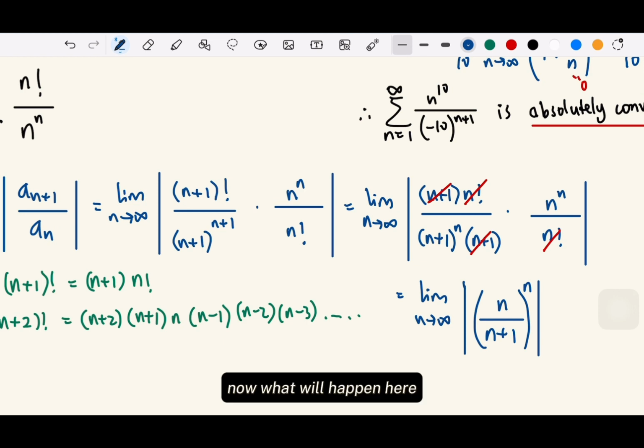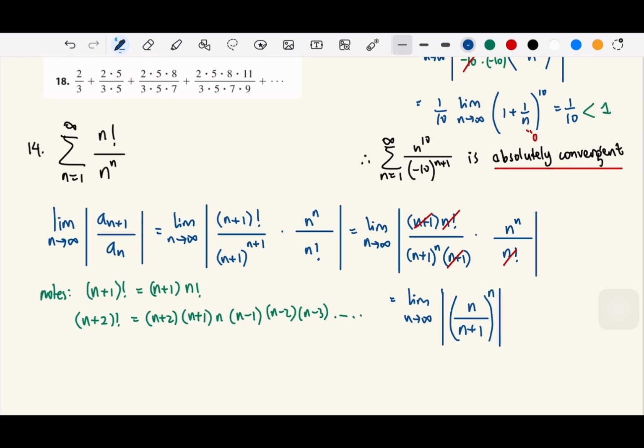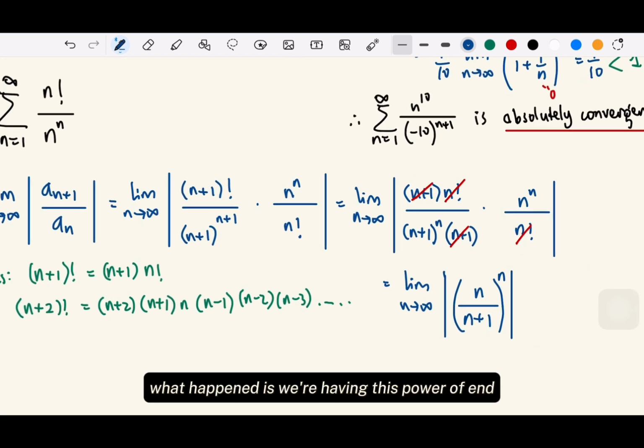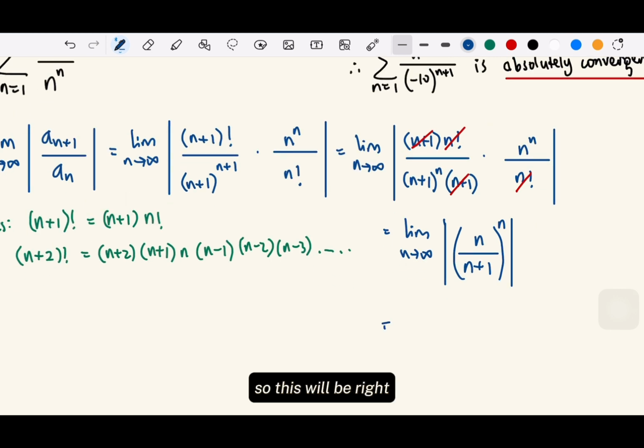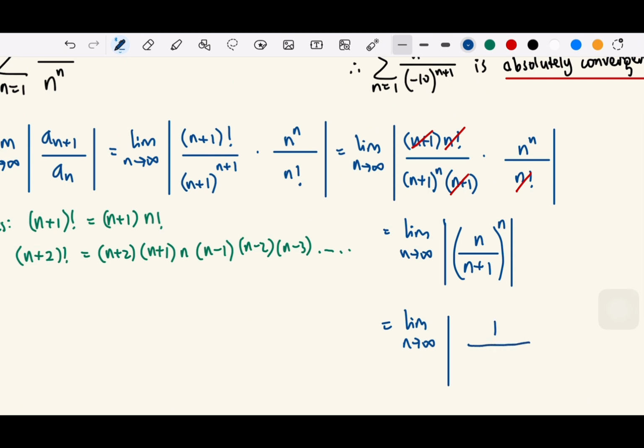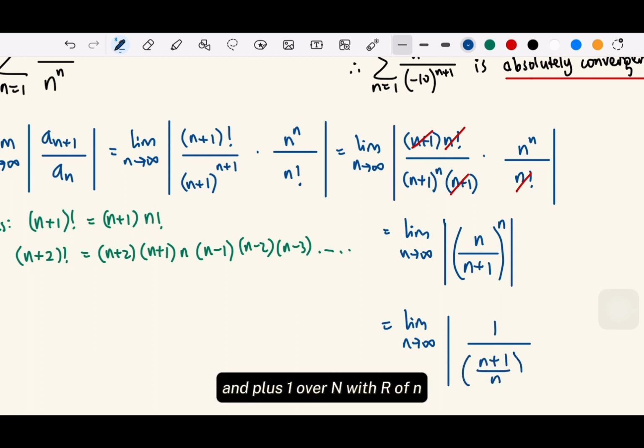Now, what will happen here? We have this power of n, so we need to take some definition. This is a definition based on calculus 1, if you remember. I can write this in terms of 1 over ((n+1) over n) with power of n.